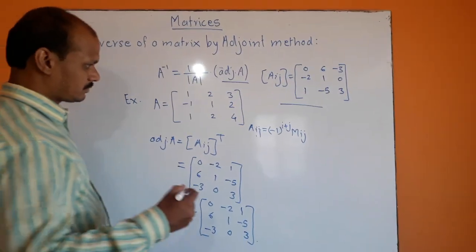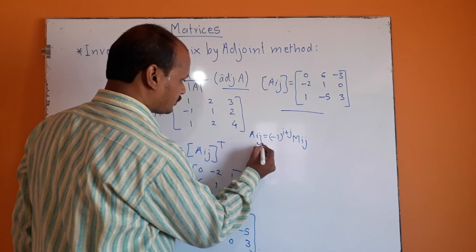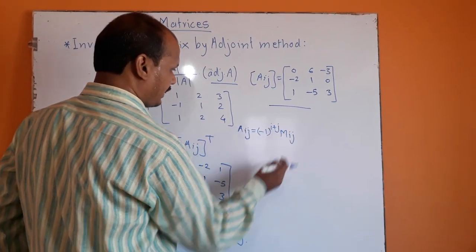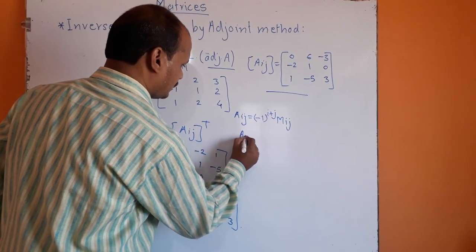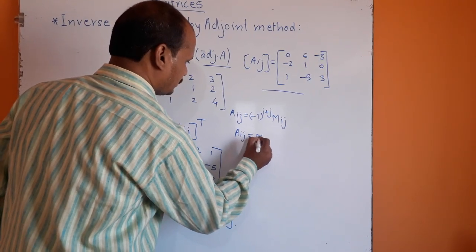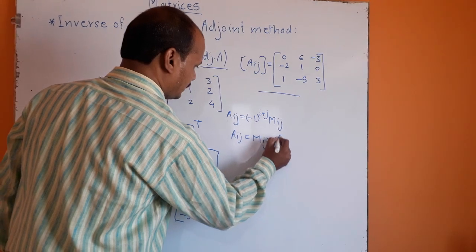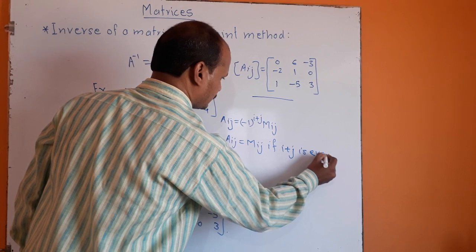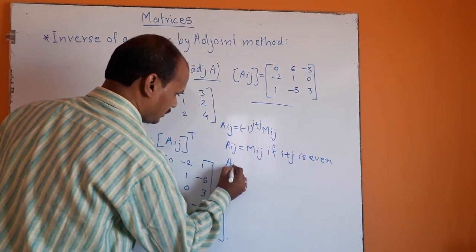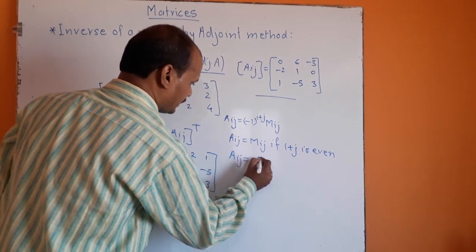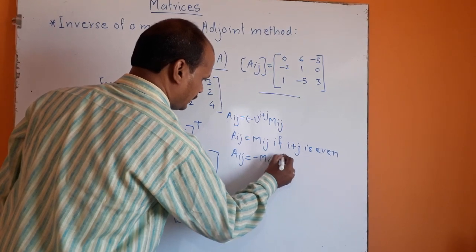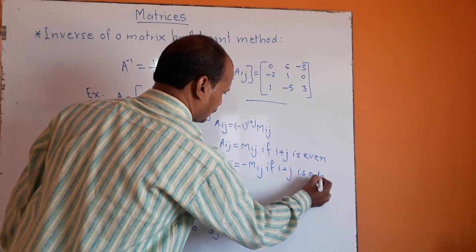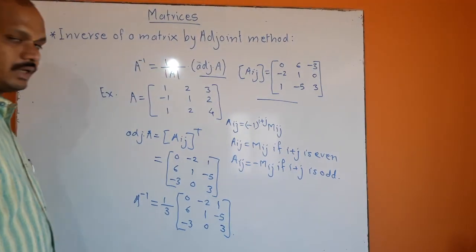Note that here we have used the formula Aij equals (minus 1) raised to i plus j into Mij. We have used the shortcut: Aij equals Mij if i plus j is even, and Aij equals minus Mij if i plus j is odd. Okay, thank you.